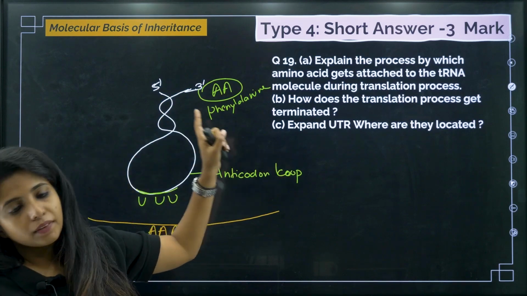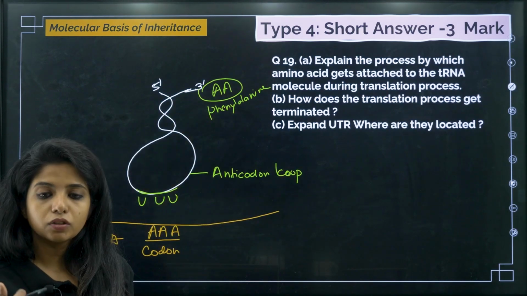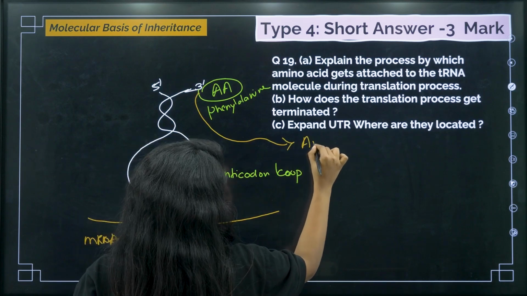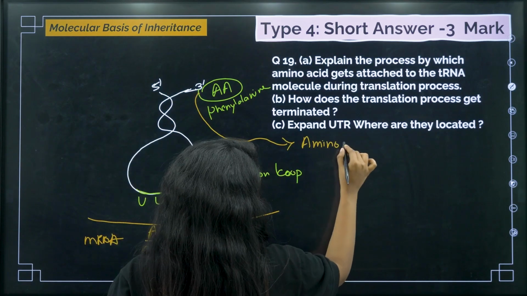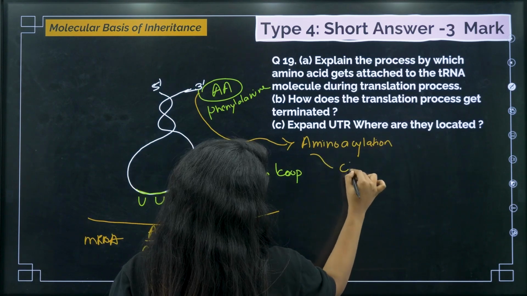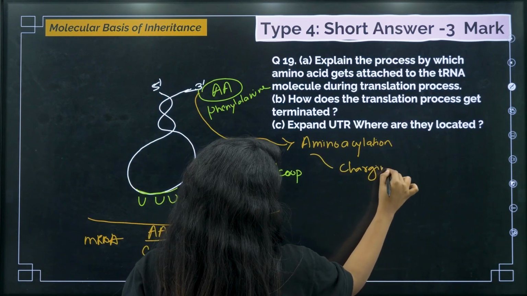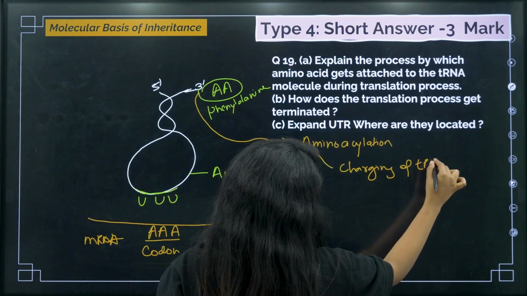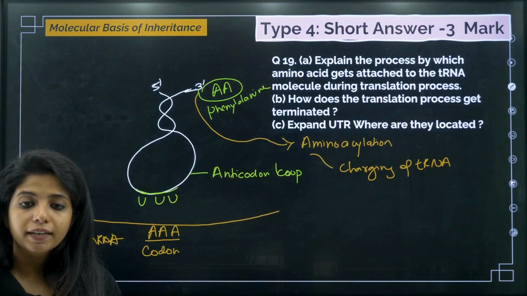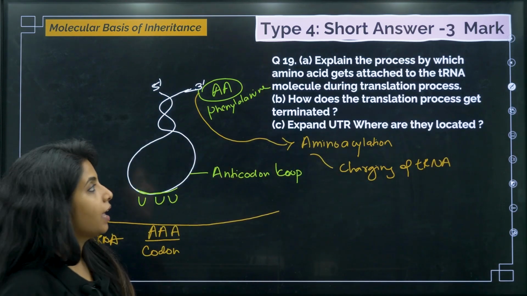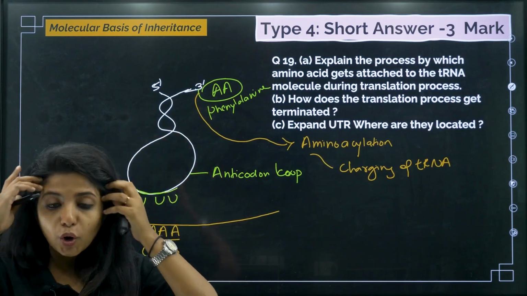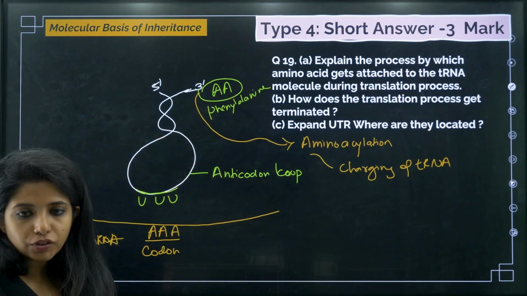But the initial thing, how does the amino acid come there? This is also known as aminoacylation, or you say charging of tRNA. And this particular process requires lots and lots of energy, children.